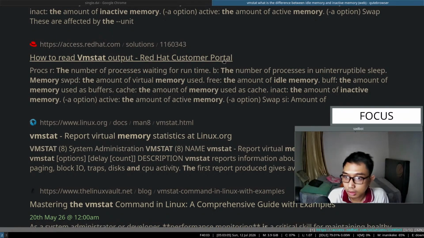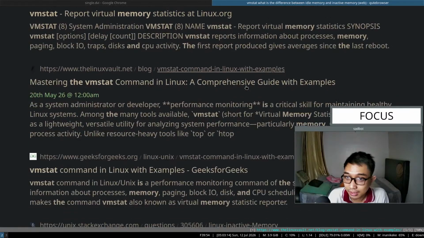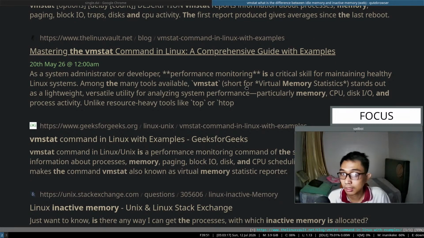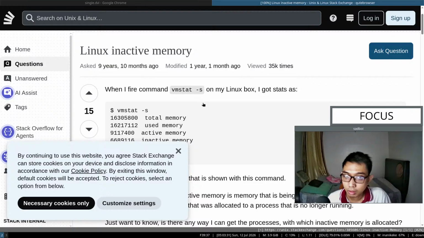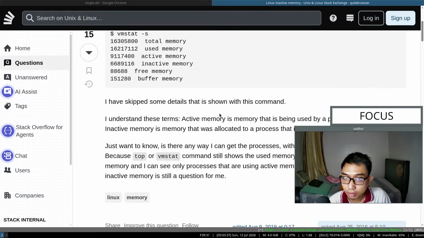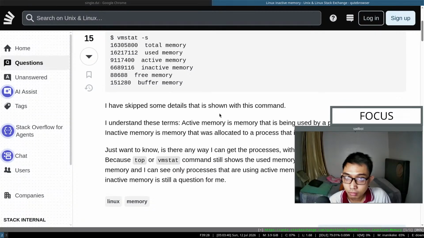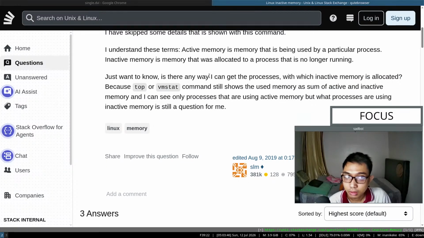I'm going to check this article, but I'm not sure about the copyright. Okay. Total memory statistic. Okay. Don't know, is there a way?